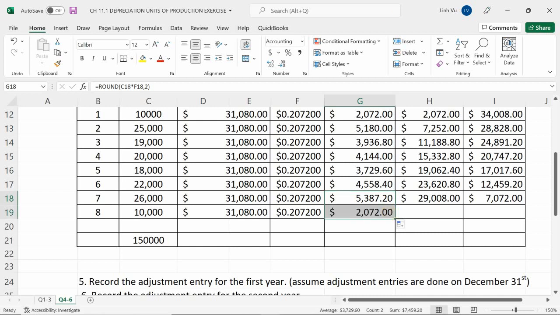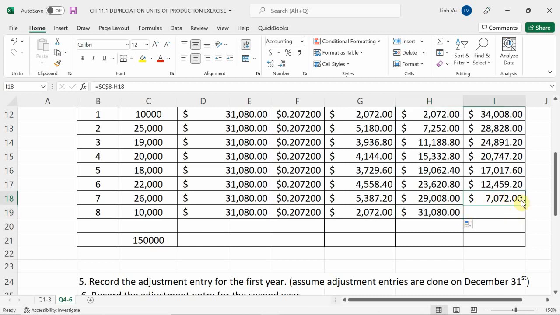$2,072. 2,072, which is going to bring my accumulated depreciation. So 2,072 plus my 29,008. How much is my total accumulated depreciation? 31,080.